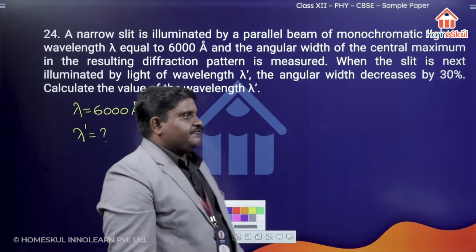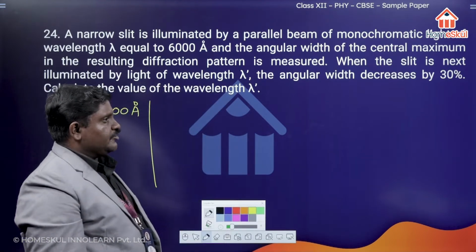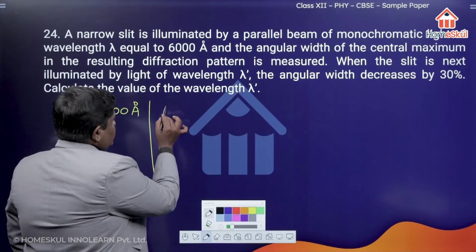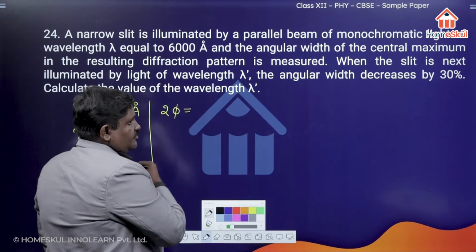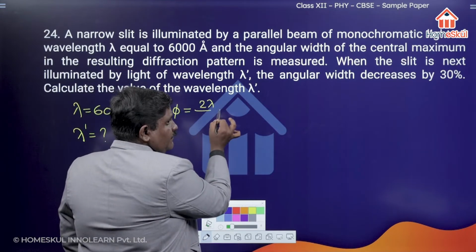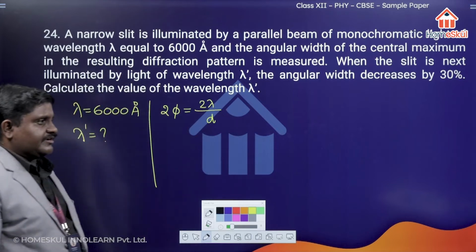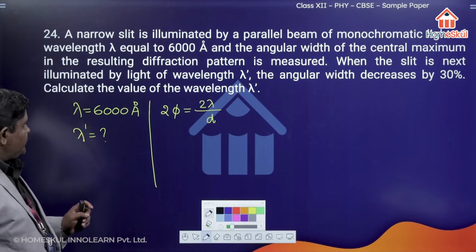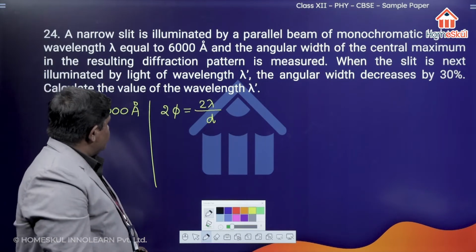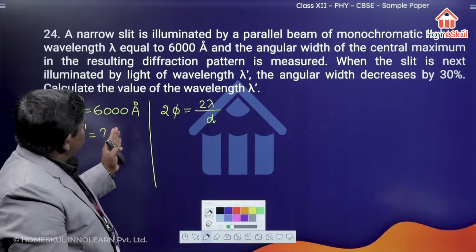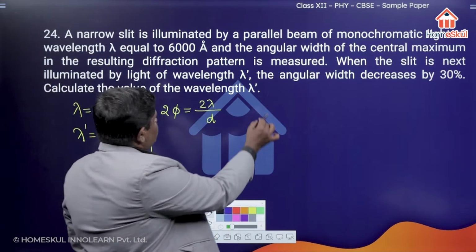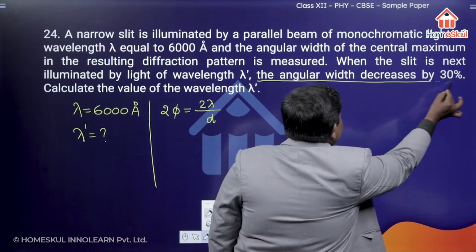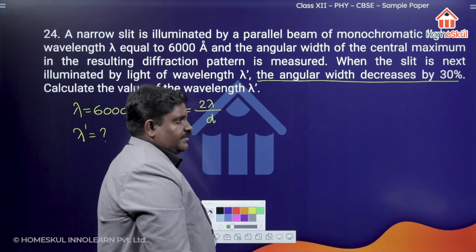Okay, so for that, here we are going to write the expression for the angular width. That is, angular width is given by 2 phi is equal to 2 lambda by d. This is the equation for angular width. Clear? Now, it is given that when we use the light of wavelength lambda dash, the angular width is decreased by 30%. Isn't it?